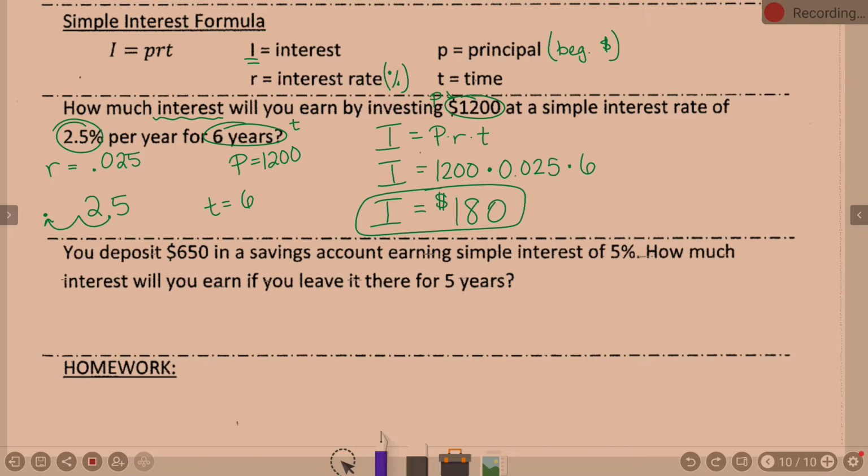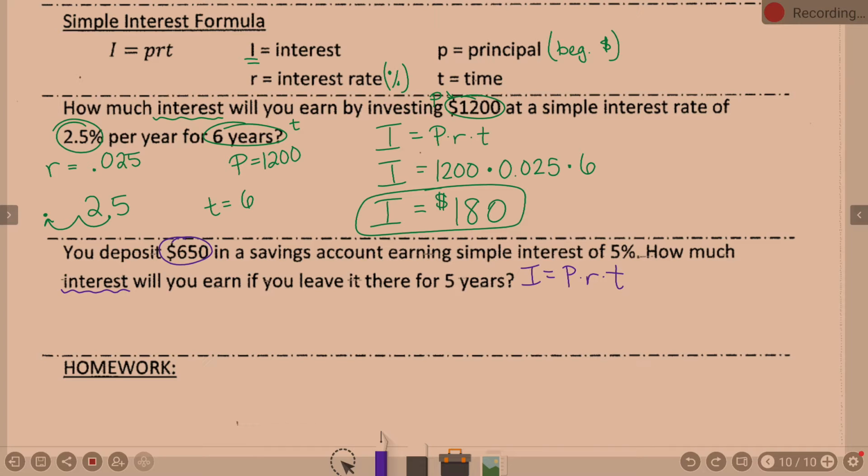You deposit $650 in a savings account earning simple interest of 5%. How much interest will you earn if you leave it there for 5 years? Remember this formula, I equals P times R times T. What is this 650?